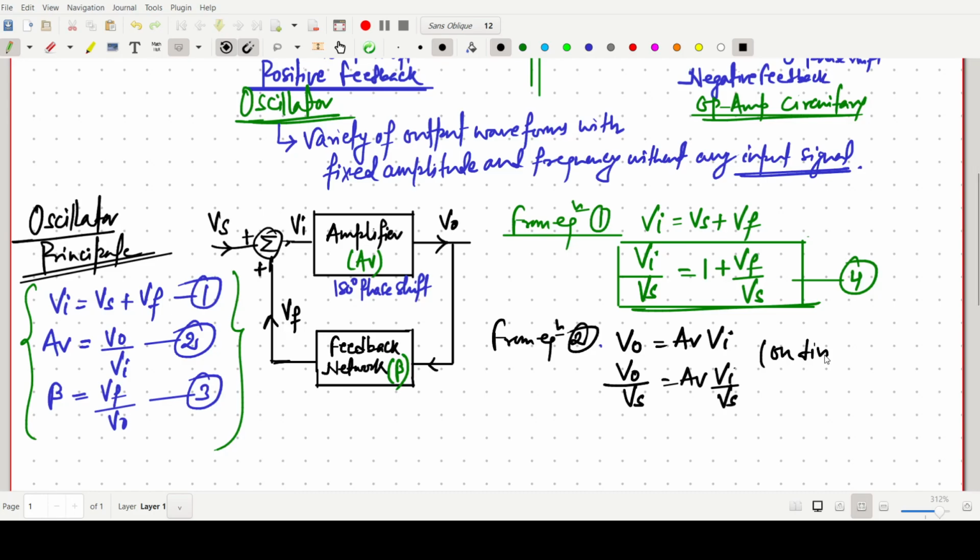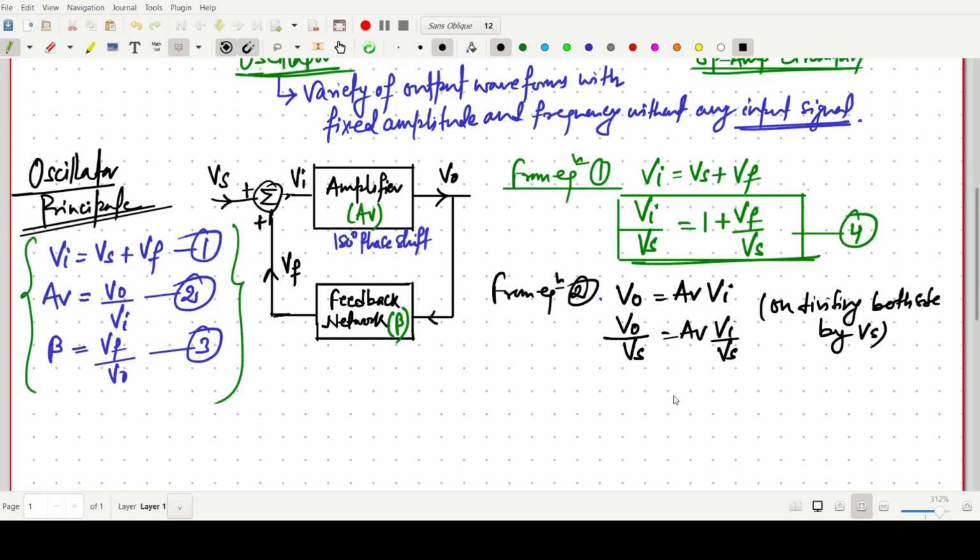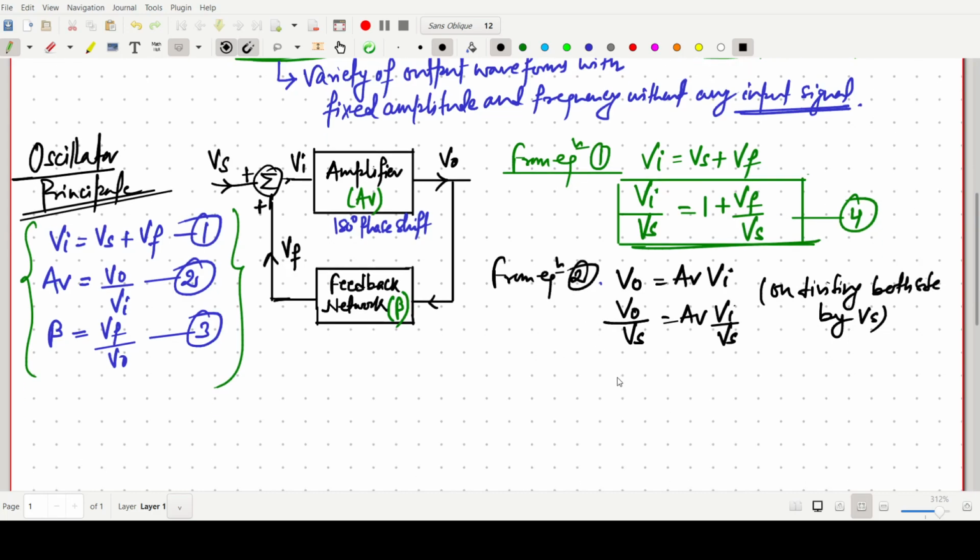So V naught by Vs equals Av times 1 plus Vf by Vs, from equation 4.